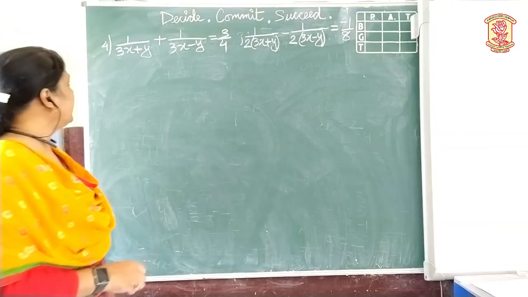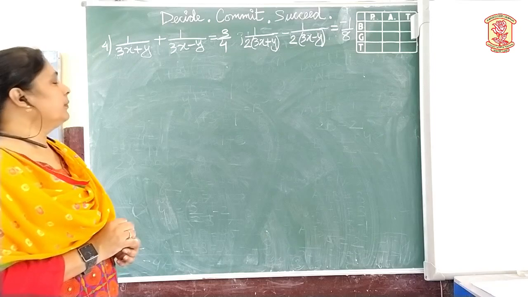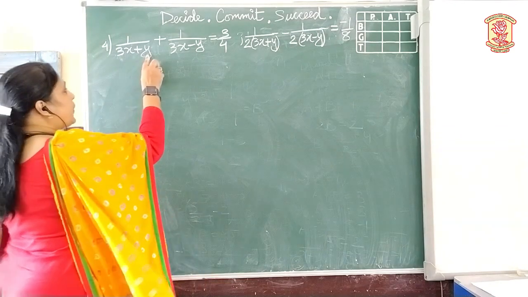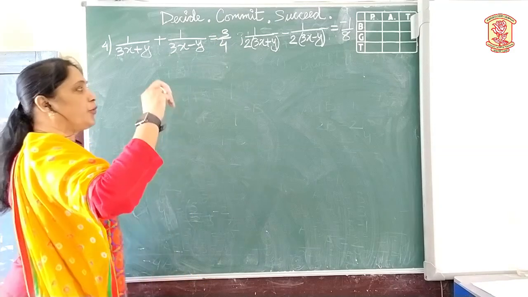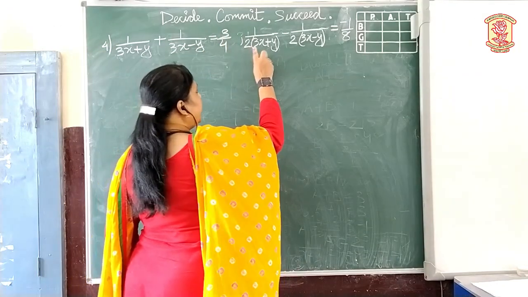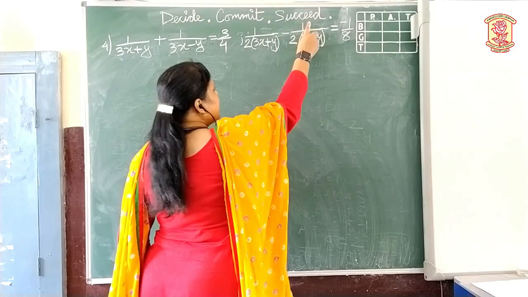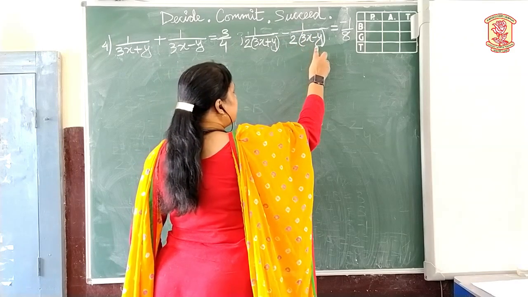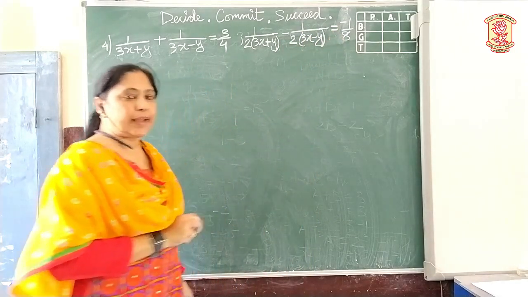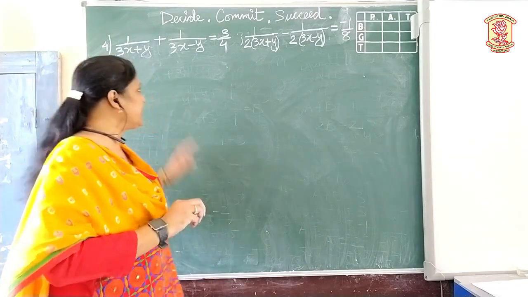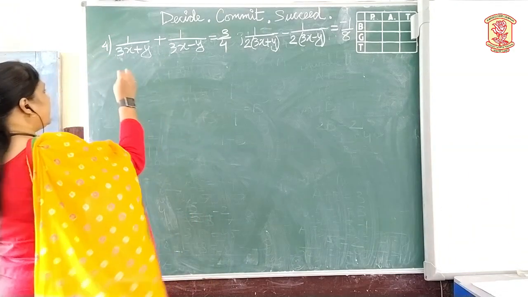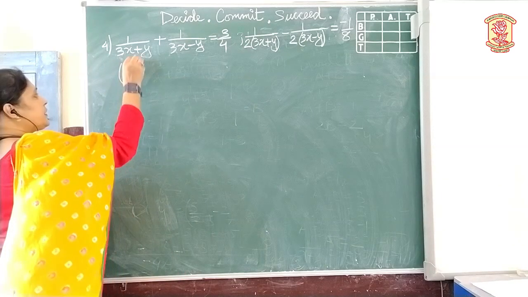Now we start with the fourth problem. 1 upon 3x plus y plus 1 upon 3x minus y equals 3 upon 4, and 1 upon 2 into 3x plus y minus 1 upon 2 into 3x minus y equals minus 1 upon 8. Again, as we have done in the previous one, we'll separate the coefficients with the variable. There's no coefficient, means it's 1.